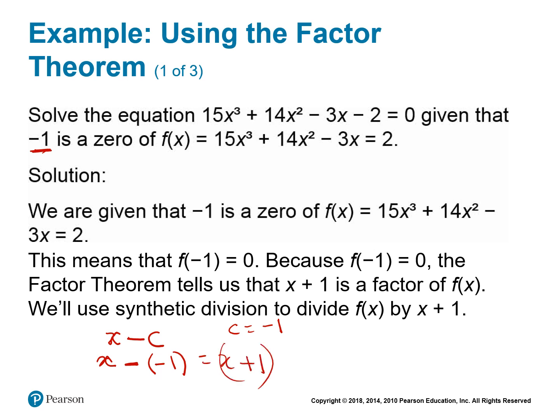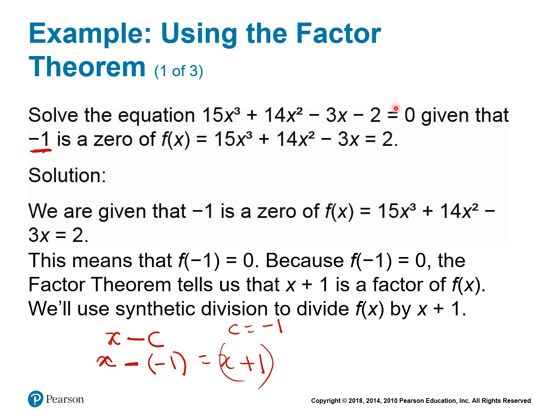What they're trying to say here is that if negative 1 is a 0 of the function, then if we apply the negative 1 in x minus c, then x plus 1 is one of the factors.